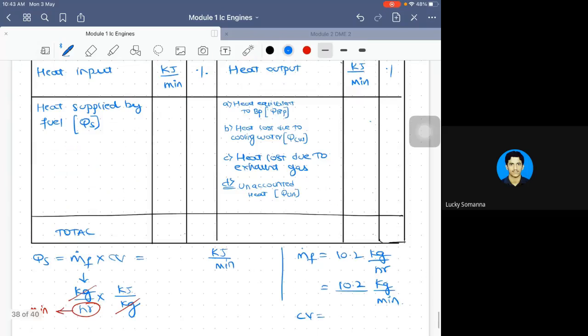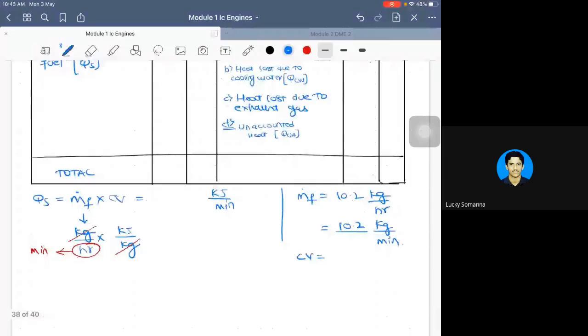How much is the value of CV? 43890 kilojoules per kg. Now, if you substitute these two values, whatever value you get would be in kilojoules per minute.